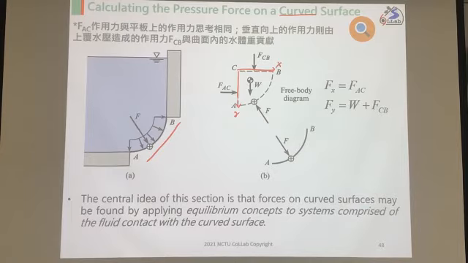So we separate the two directions and consider the force balance along the x direction and the y direction. You see, this is an example of a curved surface. We consider the force along these directions, and second we consider the force along the y direction.